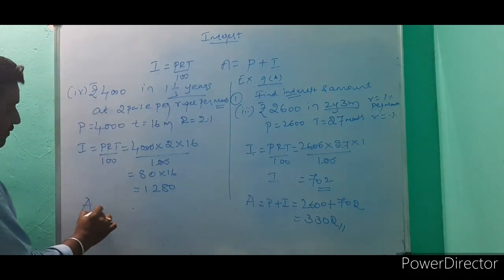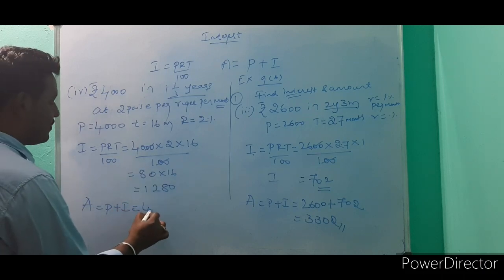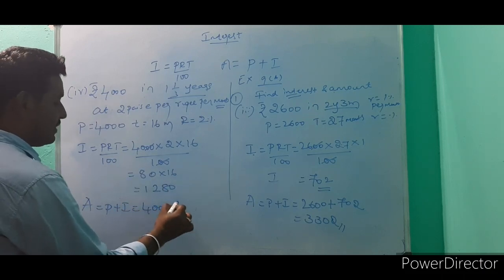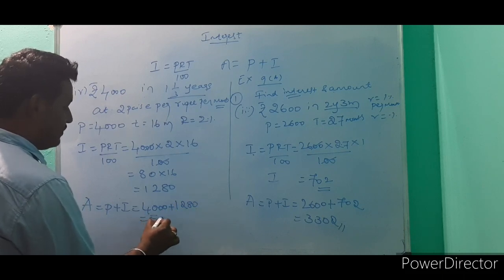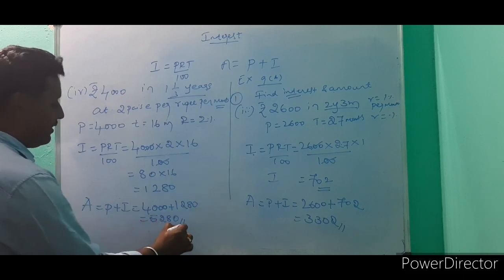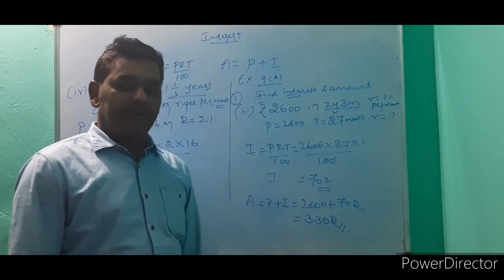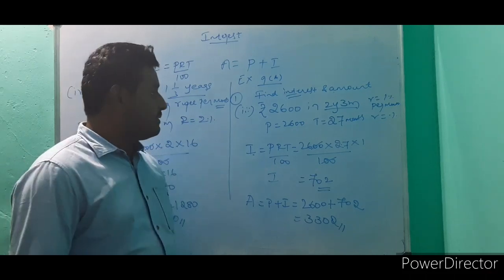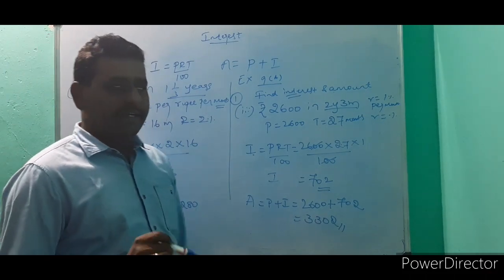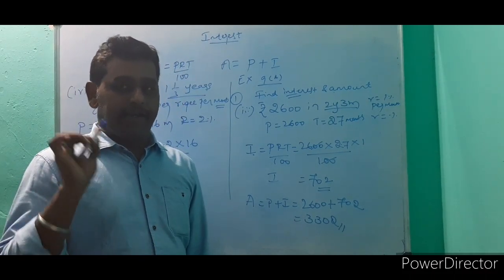Finally you have to find the amount, that is principal plus interest. Principal is 4000 plus interest 1280. If you add these two, you will get 5280 as the amount. So if they are given in months, the year should be converted into months. Like this you have to find interest and amount of the given principal and rate of interest.